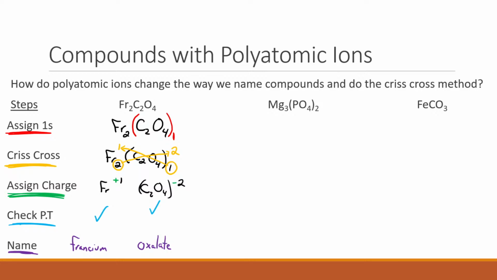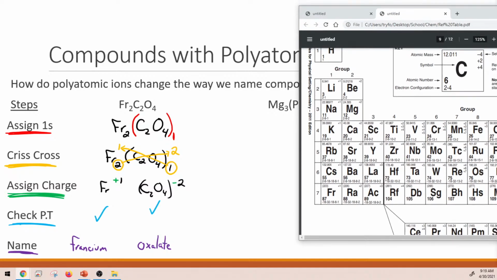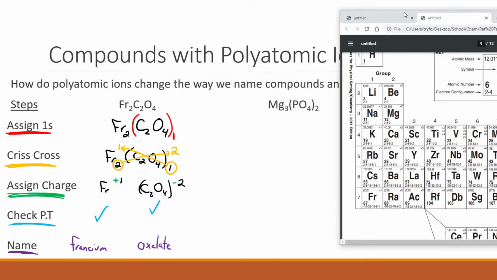So let's take a look and see if we go back to our periodic table and look at francium. Francium only has one oxidation state. It only has a +1 charge. So we do not need the Roman numeral here.